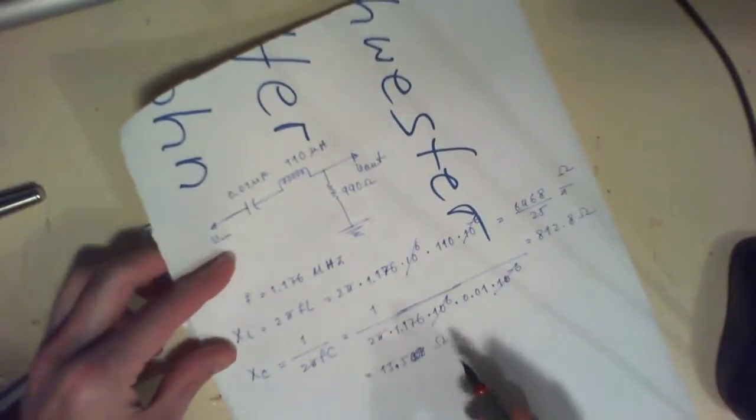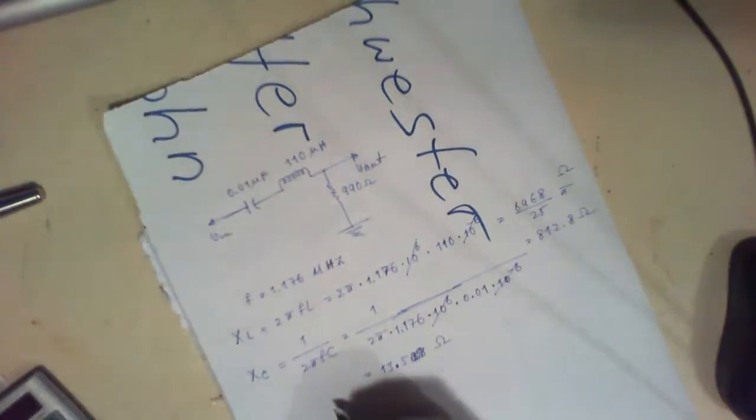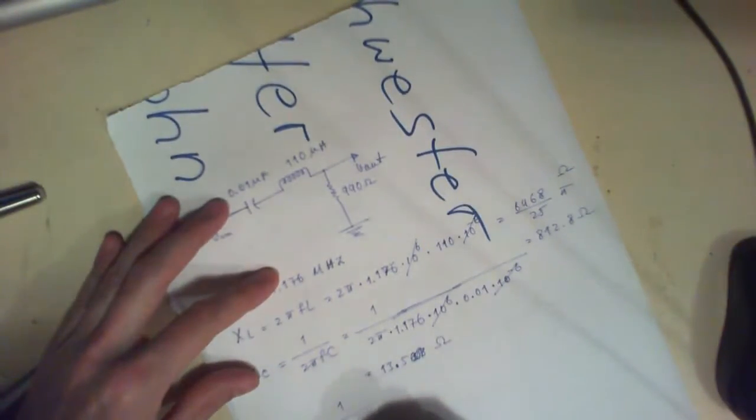And we could actually calculate this, meaning that we said that f of r is equal to 1 over 2 pi square root of LC.